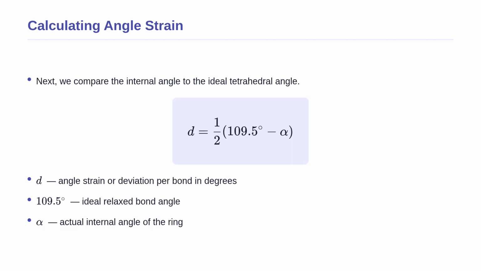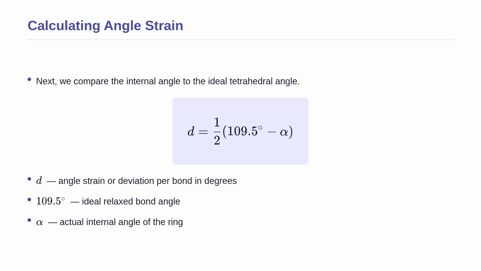Now that we have the actual internal angle, we can calculate the chemical stress. We compare the actual angle, alpha, to the ideal tetrahedral angle of 109.5 degrees. The formula is D equals 1/2 times the quantity 109.5 degrees minus alpha.